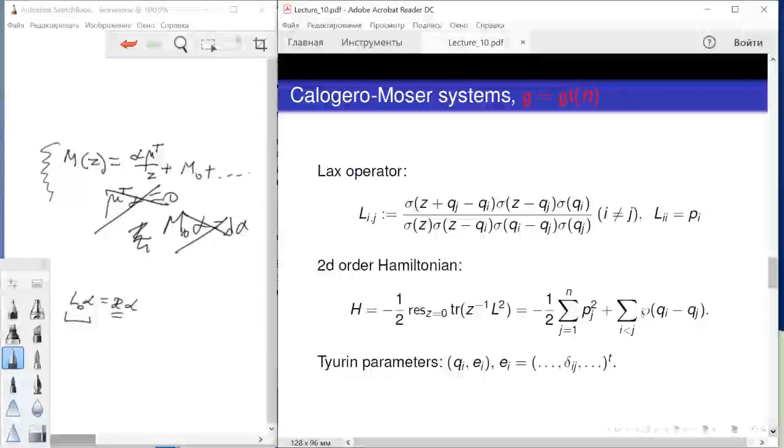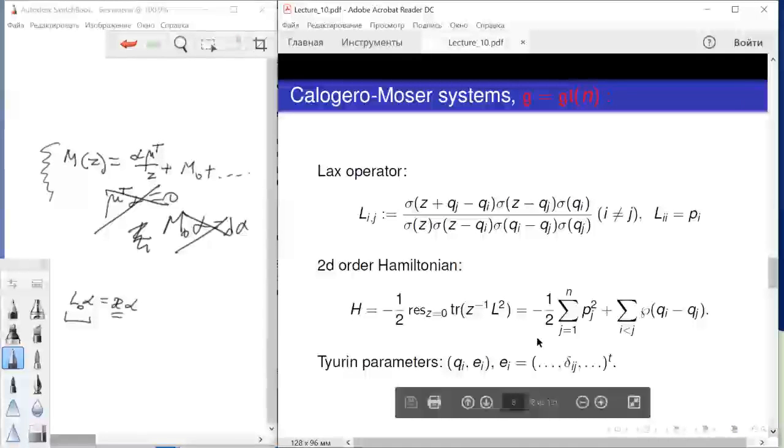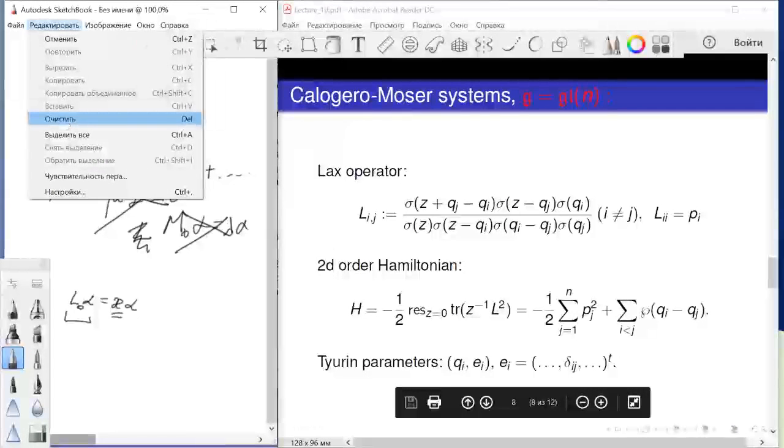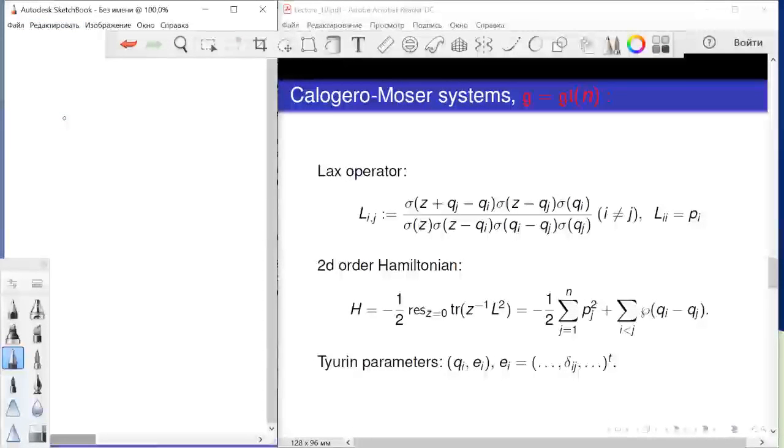Now let me start with examples. The first one is the Calogero-Moser system. I want here to define a Lax operator of this system. I do it as follows.